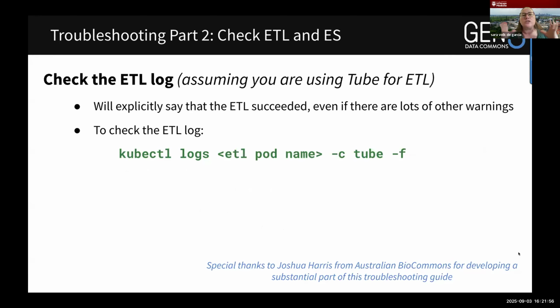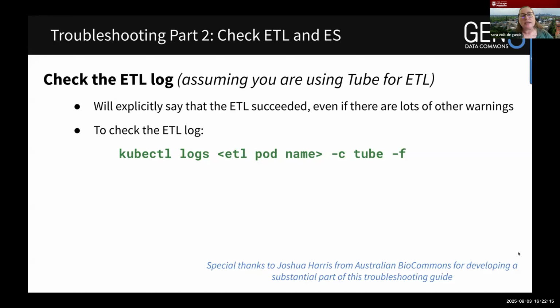The next thing you want to do is check your ETL and your Elasticsearch. So you can check the ETL log, and this is assuming that you're running Gen3 Tube for your ETL. As we discussed earlier, you can actually use other things to ETL, but since we're the Gen3 community forum here, we're going to assume Tube.